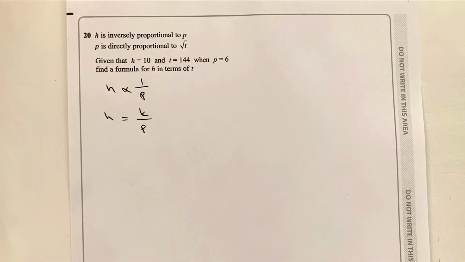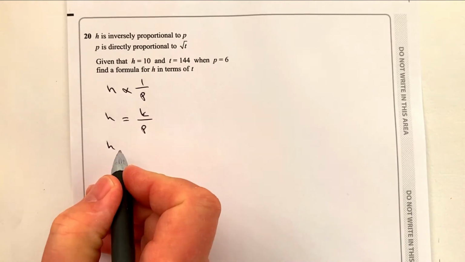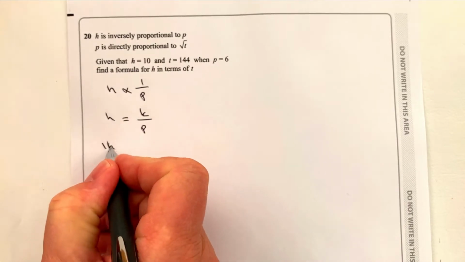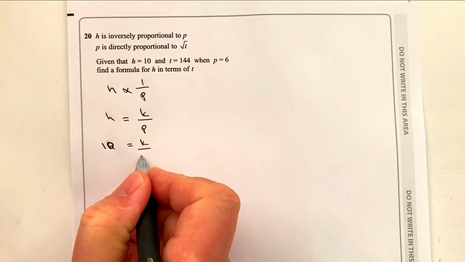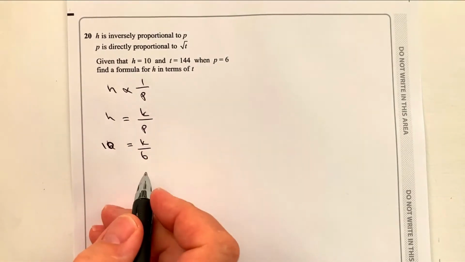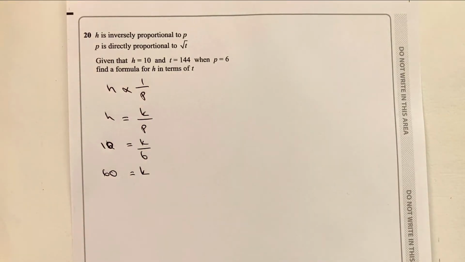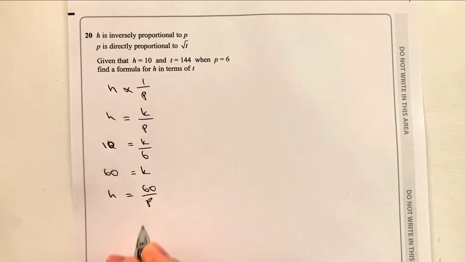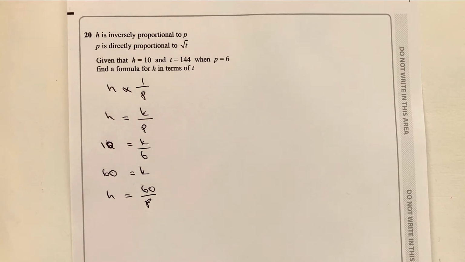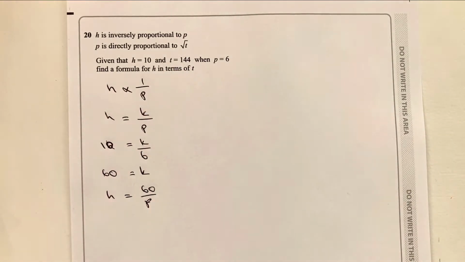If I put H in, it's a value of 10, so 10 equals K over 6, when P equals 6. So K must equal 60. Now I've got a proper formula I can use, which is H equals 60 over P.